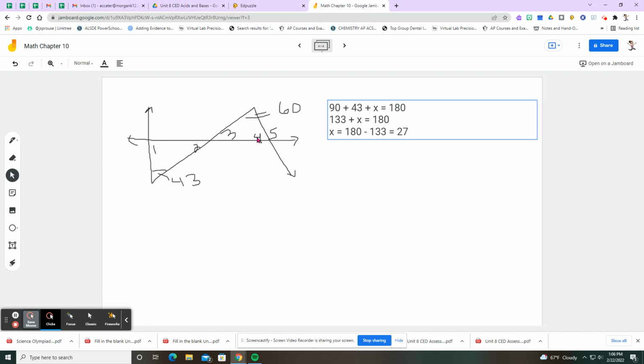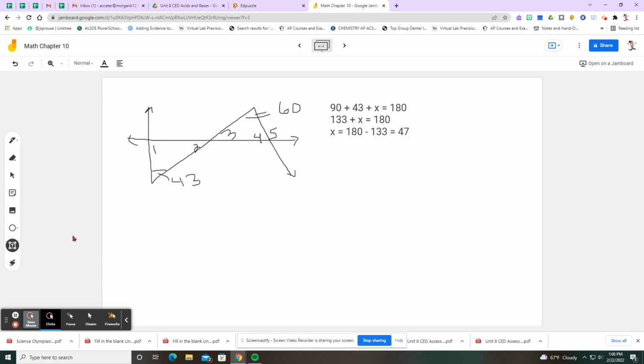Okay, all right, so if I look at that, I can look at number 4 and use the fact, okay, wait a minute, stop. I'm sorry, that's not 27. That should be 47, there we go. So if number 2 is 47, then number 3 is also 47, since those are vertical angles.